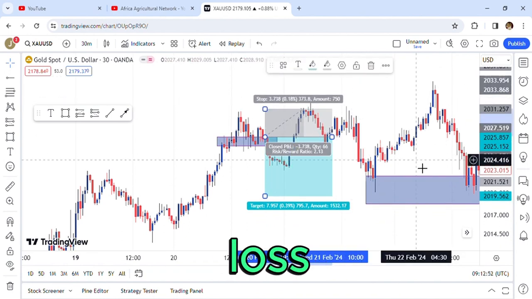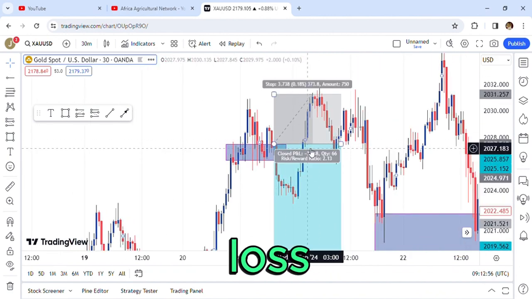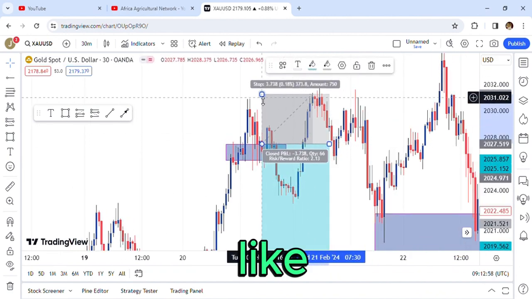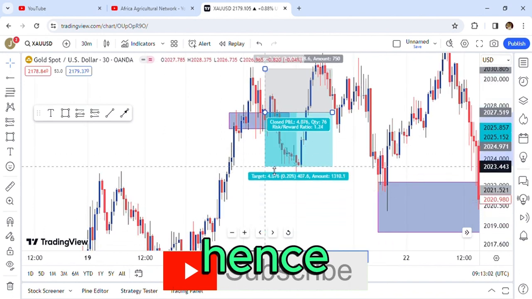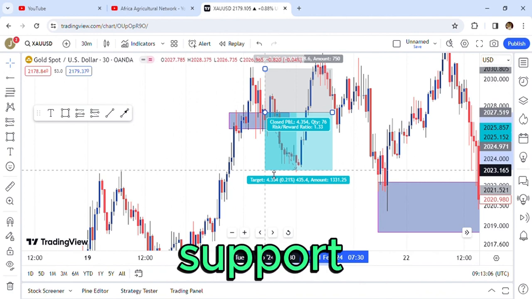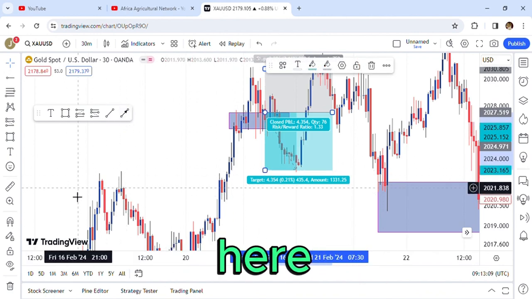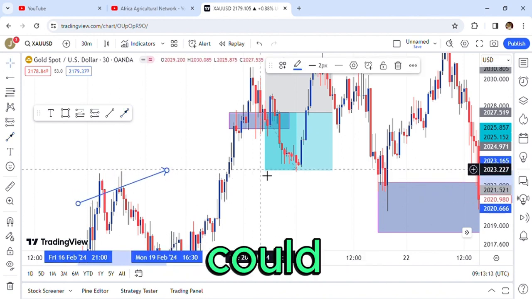Set your stop loss. You don't even have to set a higher stop loss, like 30 pips, and boom, set your take profit maybe at this area of support and resistance right over here.